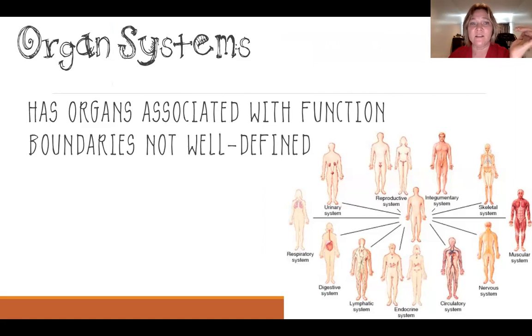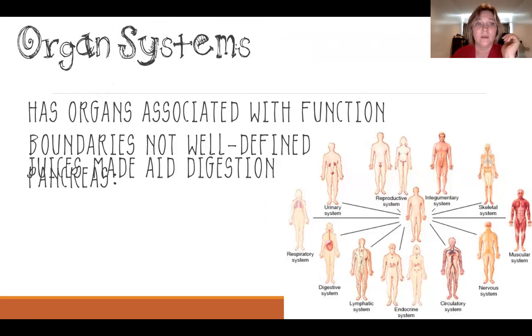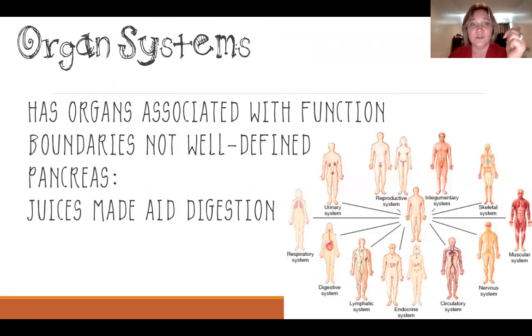The boundaries of the organ systems are not well defined. For example, the pancreas is an organ that creates juices that aid digestion. In fact, most of the digestion that occurs in the small intestine is because of pancreatic juice.